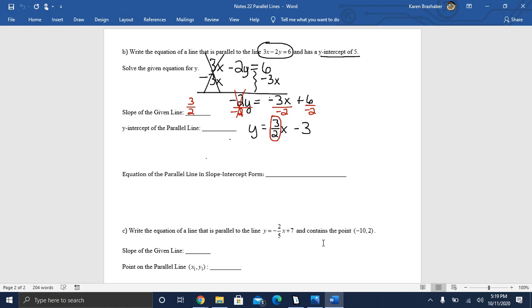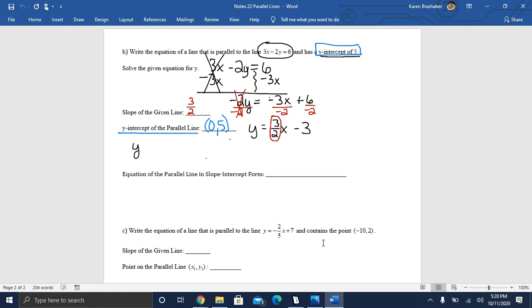So I'm asked for the y-intercept of my parallel line. So I'm going to go up and look for that information, and that was given to me right here. The y-intercept of my new line is 0, 5.